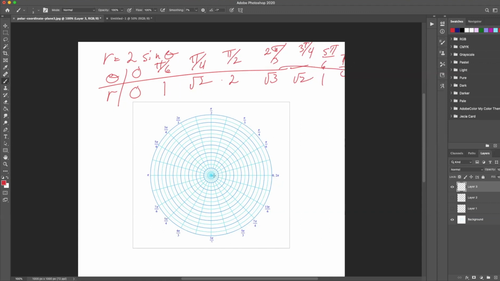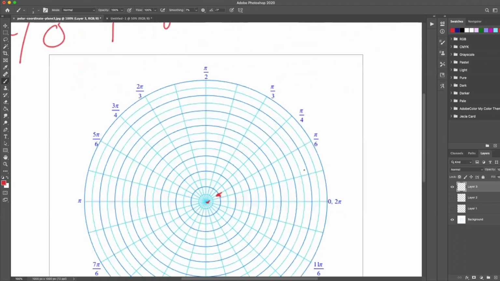Here, I'll start at 0. I go to 1. This would be 1. Let me zoom in so I can graph a little easier. At pi over 4, it's square root of 2, so about here.